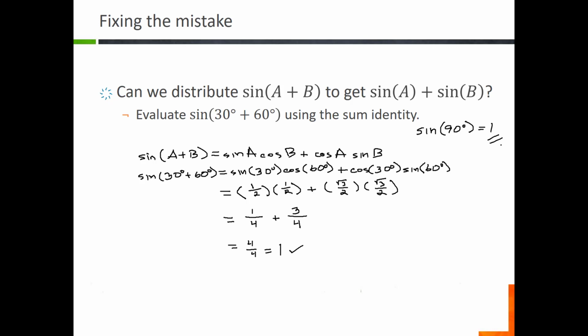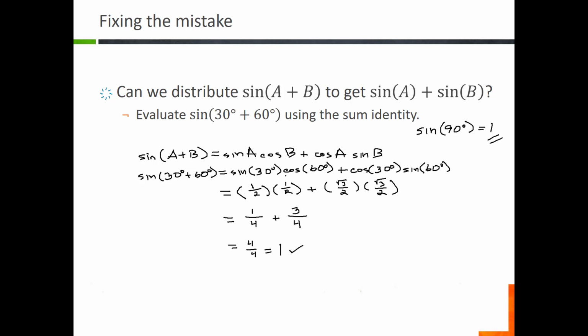So here's again a quick example. If you had the sine of 30 degrees plus 60 degrees, obviously you can do this as the sine of 90 degrees, but in most cases you can't add these together. And so you need to be able to split it apart using our identity. Once you split it apart, the whole goal is that the a and the b are numbers where you know what the sine of a is, like 30 degrees, and you know what the cosine of b is, so 60 degrees.